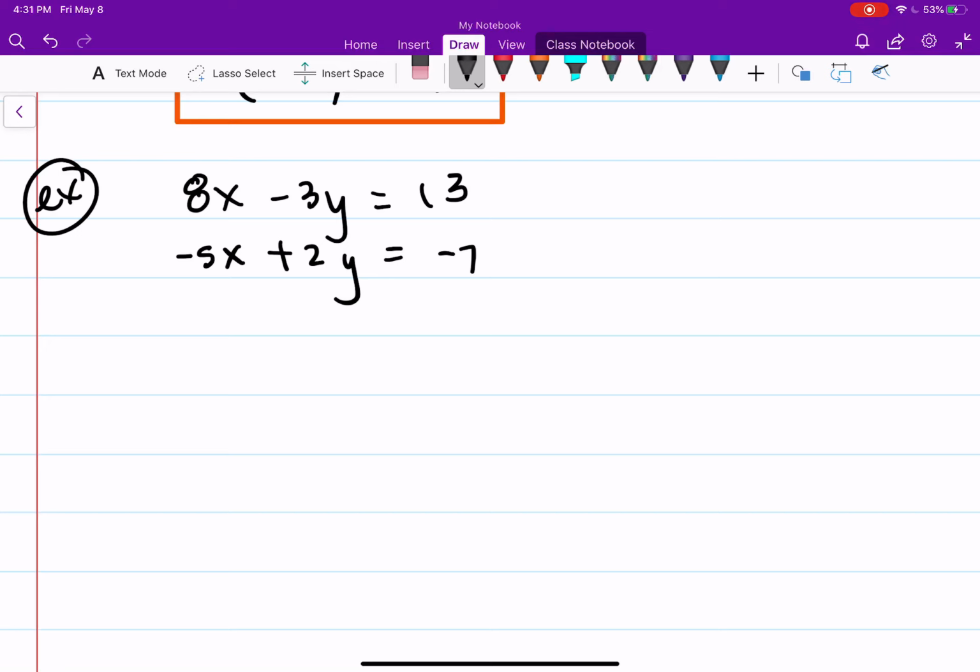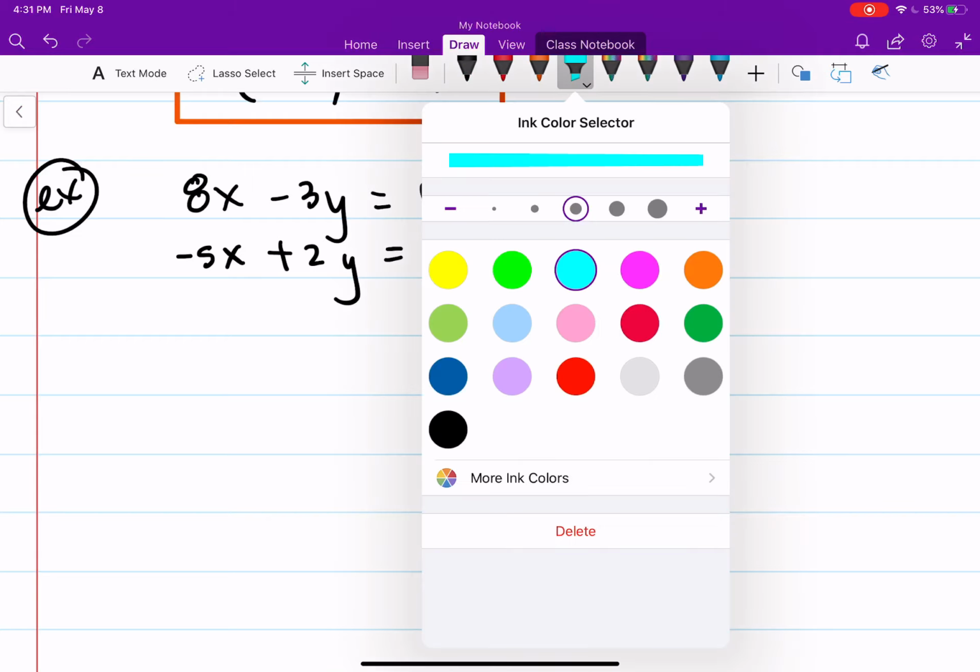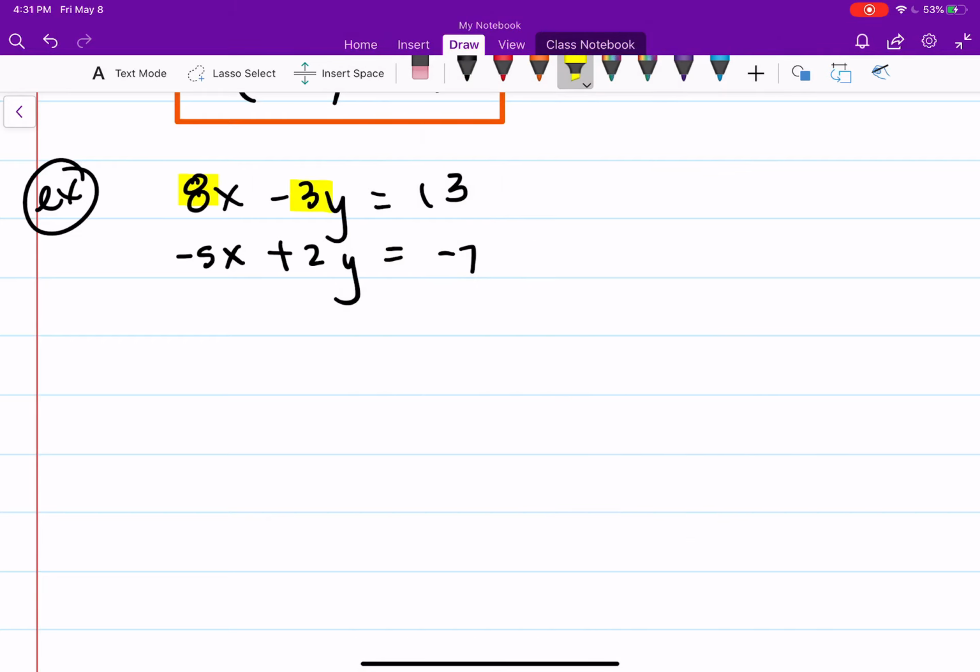Okay? So here, I would never use substitution, because if I look at the coefficients, none of them are 1. If I try to get the y by itself, I would have to divide everything by negative 3 at some point.